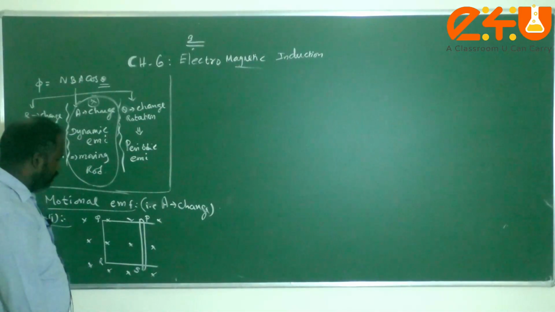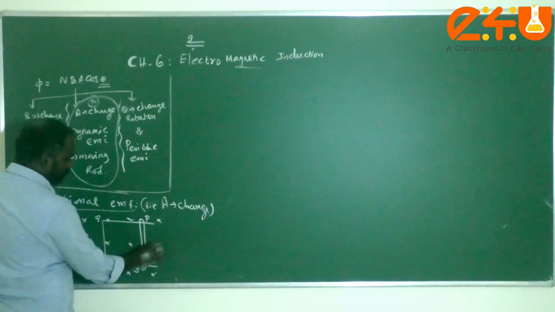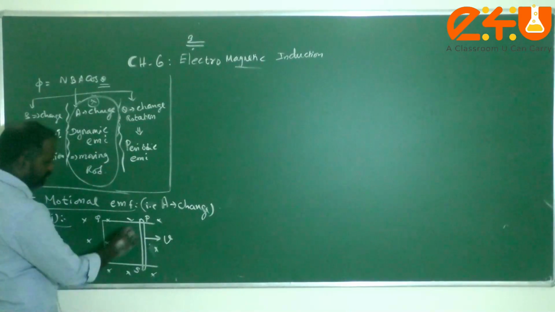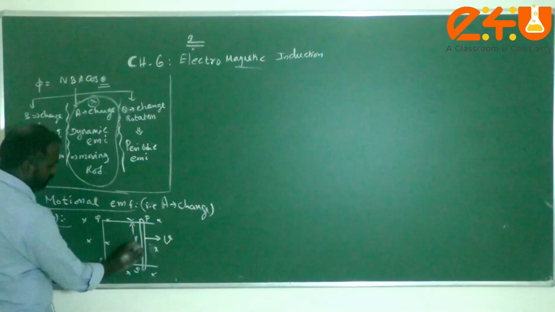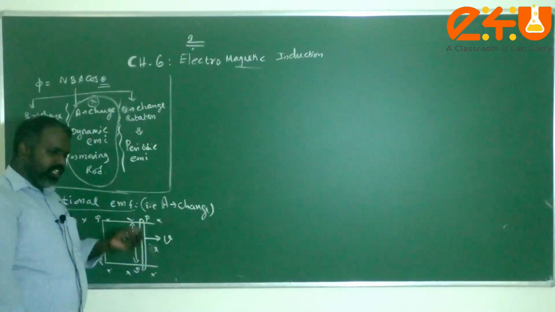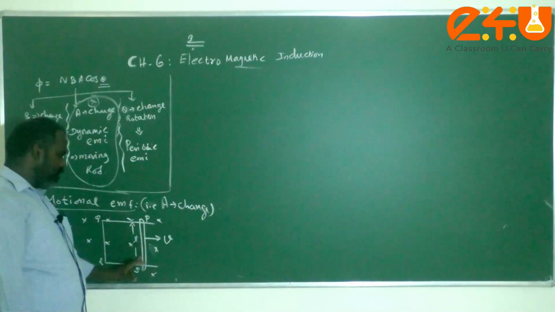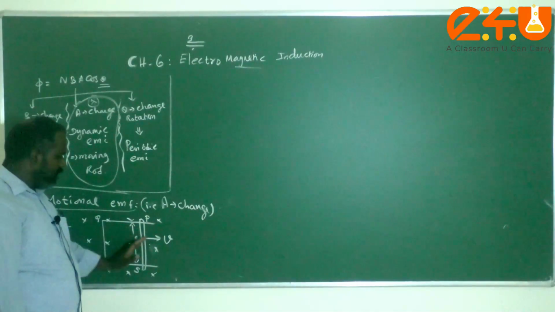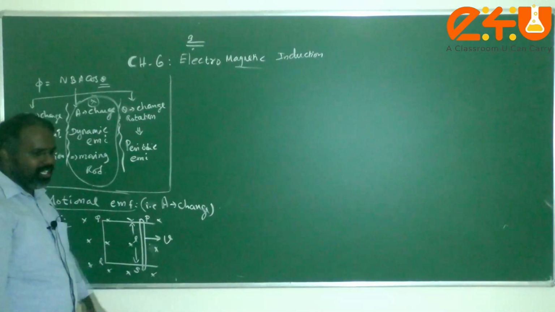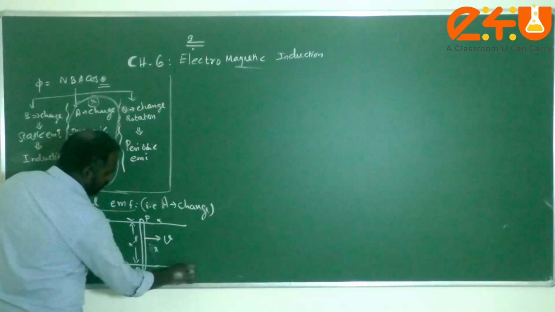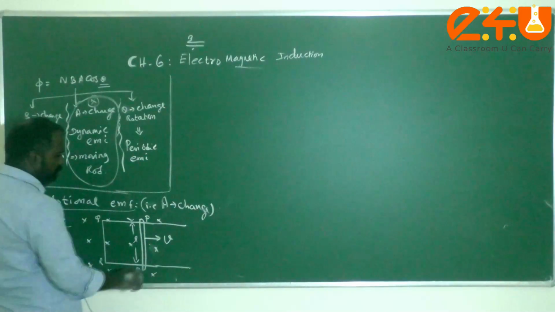Let us assume that we are moving the conductor in the outward direction with velocity v, whose length is taken to be L. Within a time dt, this movable rod PS is moved through a small distance dx. That is shown in the dotted position.